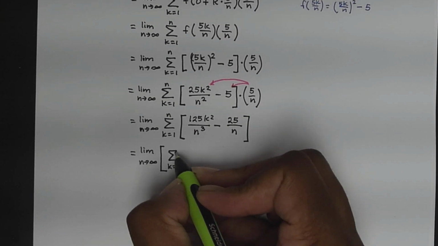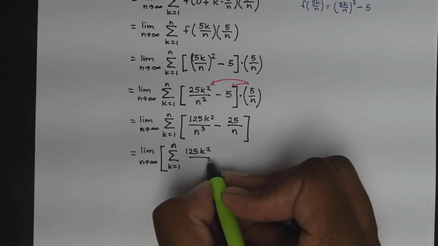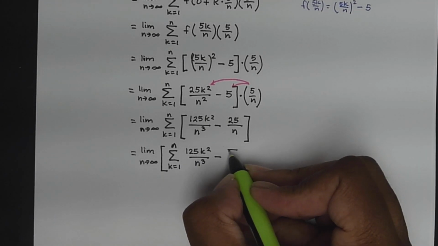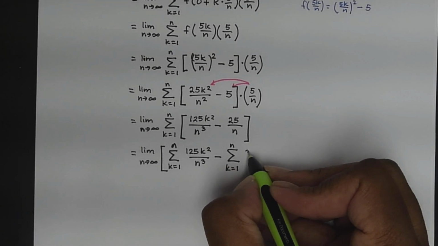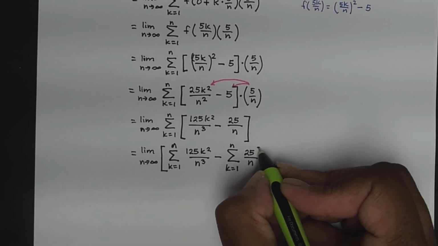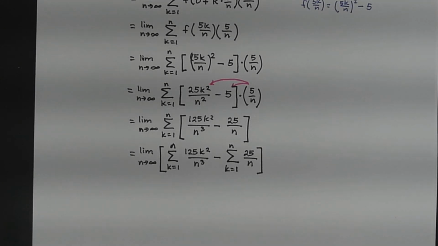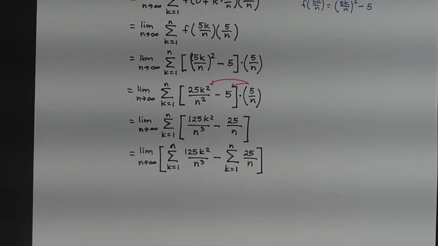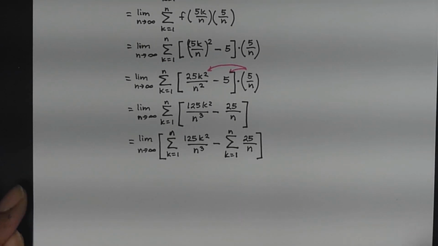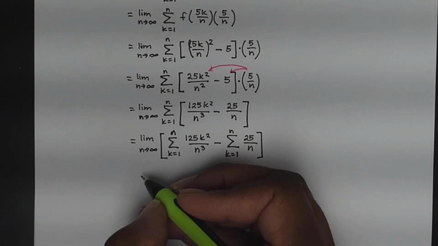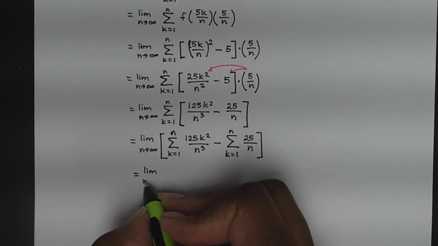The summation from k equals 1 to n of 125k squared over n cubed, minus the summation from k equals 1 to n of 25 over n. Then we bring this down.